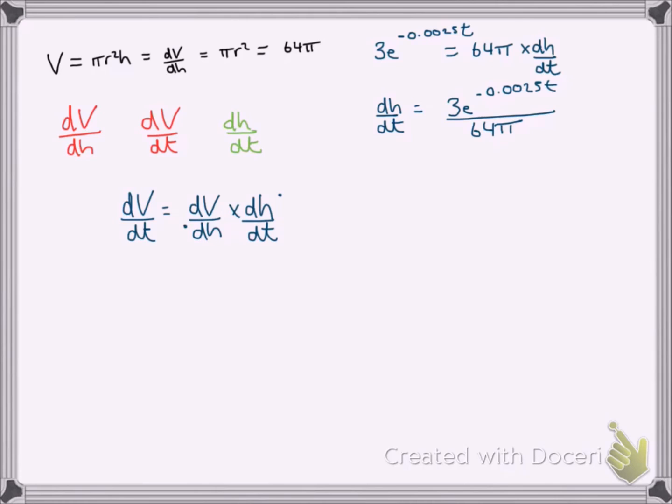When you put that into your calculator, you come out with 0.0149 e to the negative 0.0025t. So the question asks us to find an expression of how the height changes with time in terms of t, and we've done that exactly there.